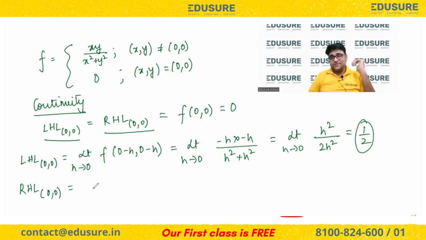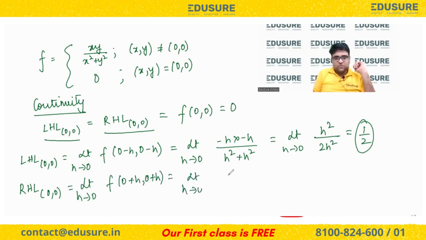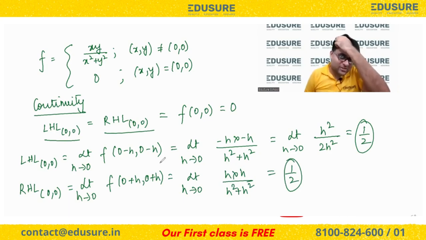function is discontinuous. Yet, just for theory's sake, we can find out the right hand limit as well, which will also be equal to half. So LHL and RHL are the same, but it's not equal to the functional value.